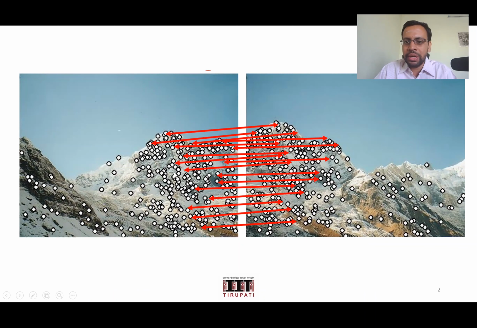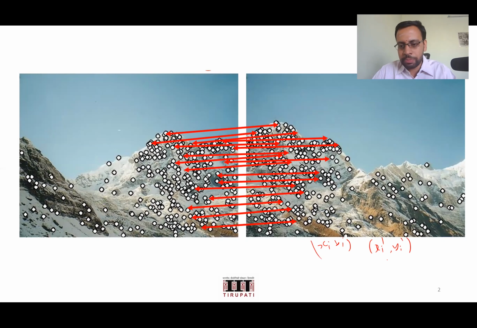For example, here I assume these are all the points. Let me avoid the vector notation. Let me call those points xi comma yi on one image, and another image xi prime comma yi prime.